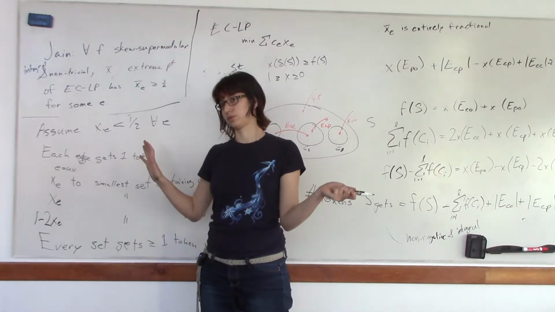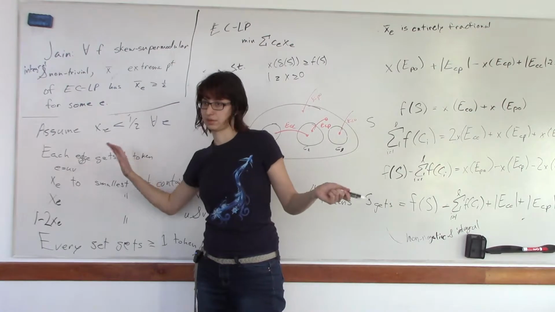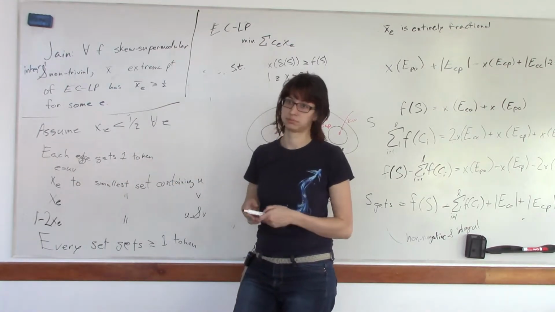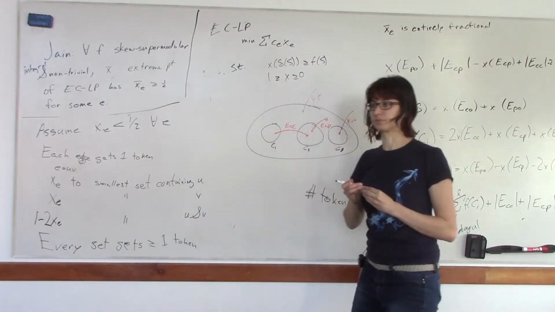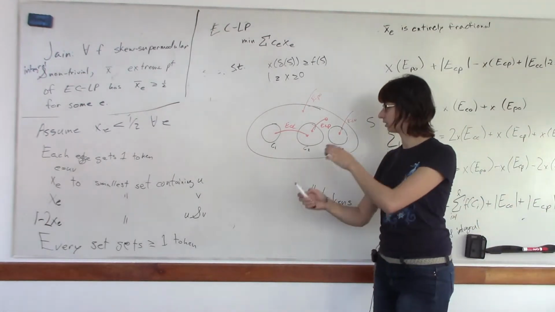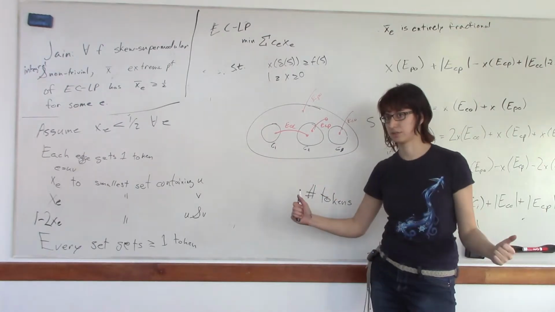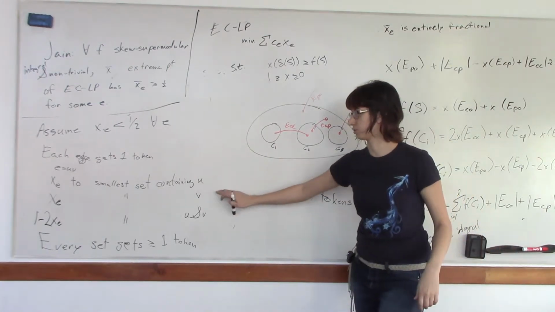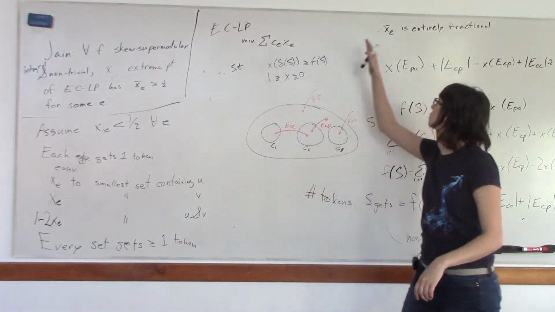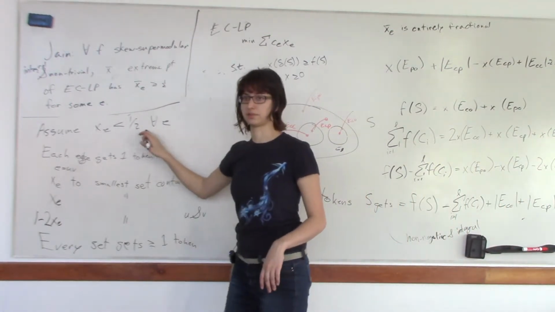Either I started with 0, and I either got nothing or I got some positive stuff. So if I have ECC, then I got something, because all of these are strictly positive, because we're entirely fractional and we're strictly less than half.